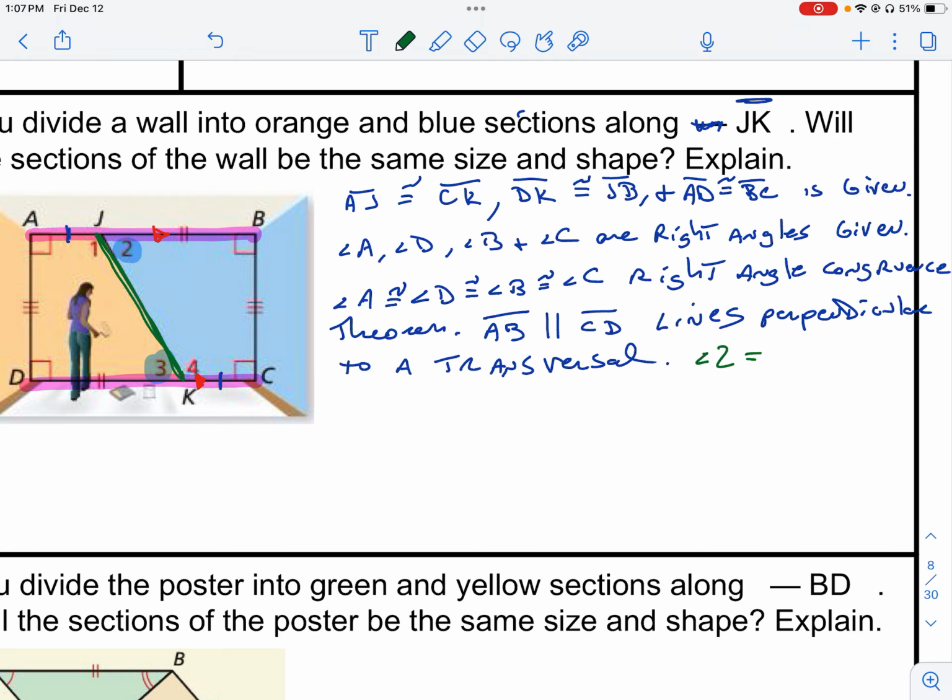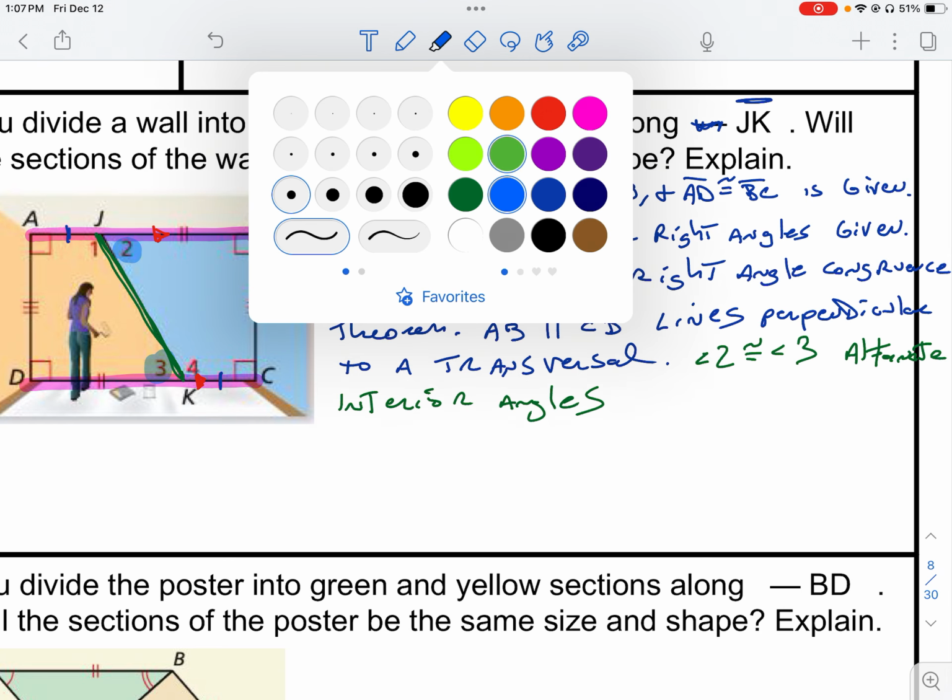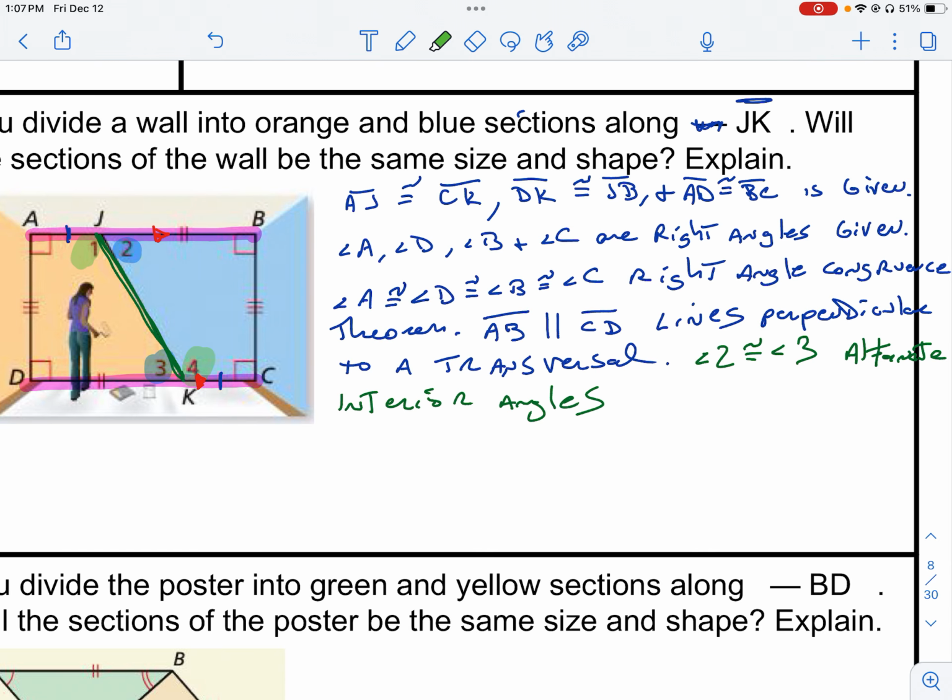So angle 2 is congruent to angle 3 because of alternate interior angles. And we can also see that angle 1 is congruent to angle 4 by alternate interior angles.